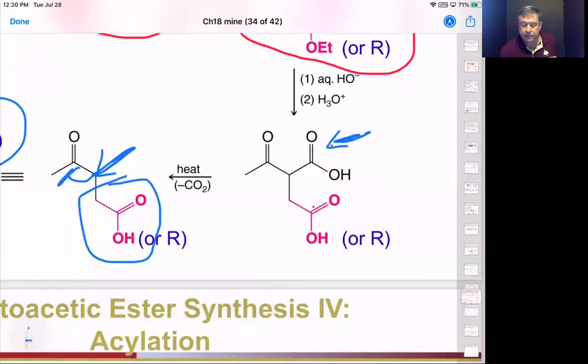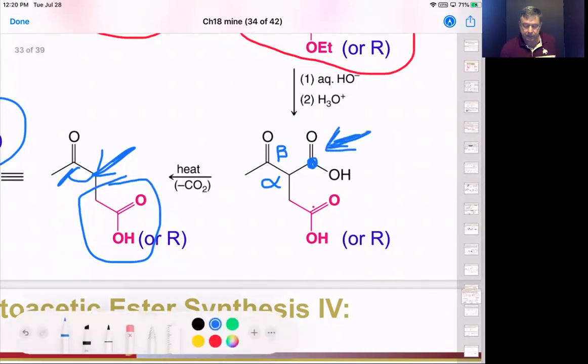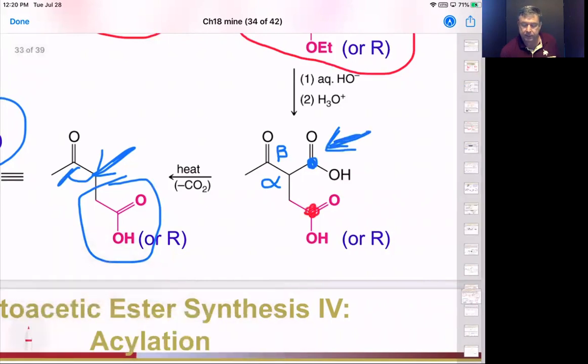And so this is our starting point here. So that makes this the alpha carbon and this the beta carbon from this carboxylic acid. Let me change ink color here. So from this carboxylic acid, this is the alpha position, this is the beta position, and this is the gamma position.